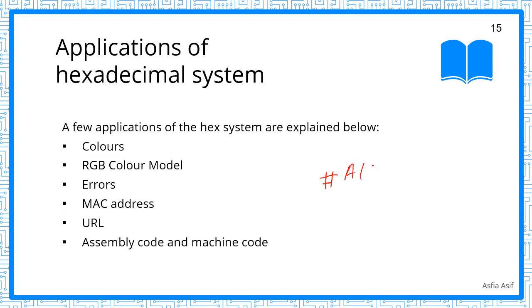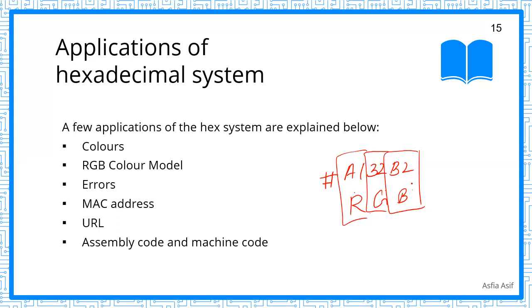A1, or then 3, 2, B2. Did you do something like this? No? So this way, this is RGB, red, green, and blue. This representation is also in the hexadecimal.